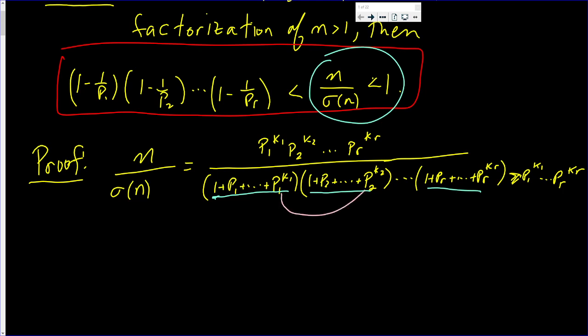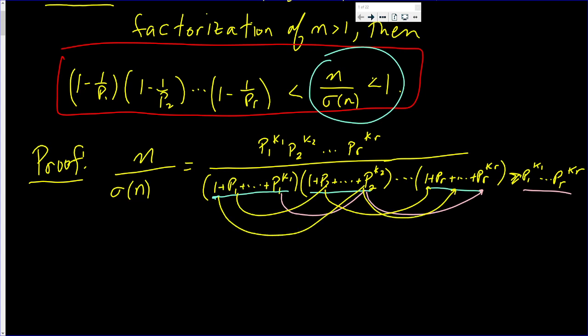When you multiply this out, you'll be multiplying those r terms, and you will get this. But there are many other terms you're going to multiply. You're going to multiply p1 by p2, maybe by 1. You multiply 1 times p2 to the k2 times p r to the k sub 3. And those are all going to be positive.